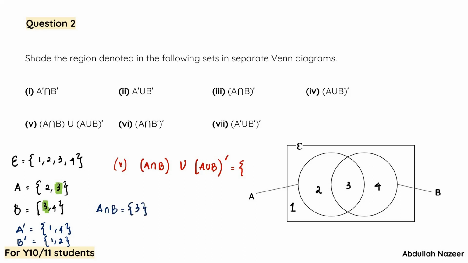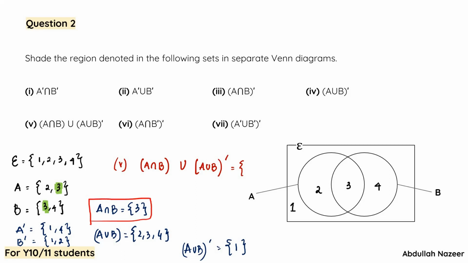And A union B is 2, 3, 4, and therefore A union B complement would just be 1. So now we have the two individual sets that we need to make the set in the fifth question: A intersection B, and A union B complement.